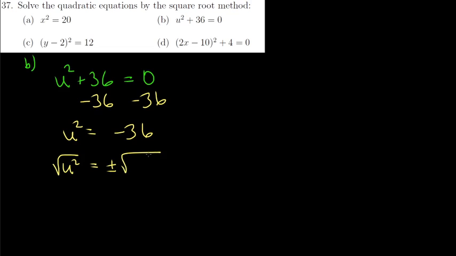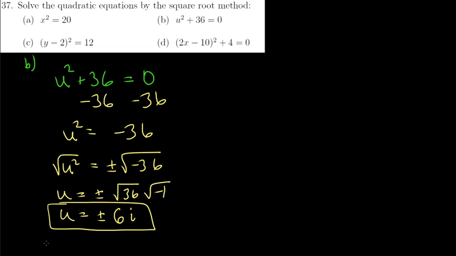Don't forget the plus or minus. So u is going to be plus or minus the square root of 36 times the square root of negative 1. And remember, the square root of 36 is 6. The square root of negative 1 is the letter i for imaginary. Right? So u is either positive 6i or negative 6i. And you can write it all at once.